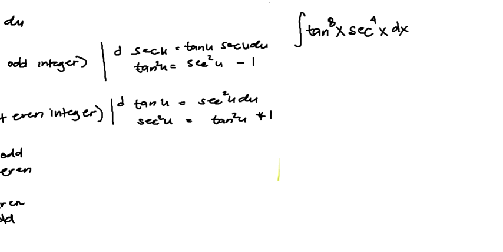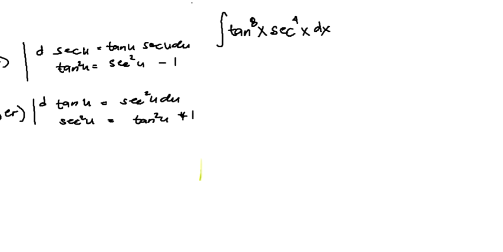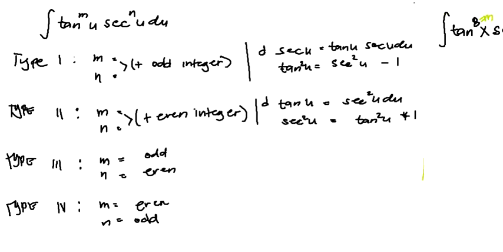As you notice, if we analyze this, m is 8 and n is 4. So this is under type 2, where m and n are positive even integers. So they are positive and they are even. 8 and 4 are even integers.